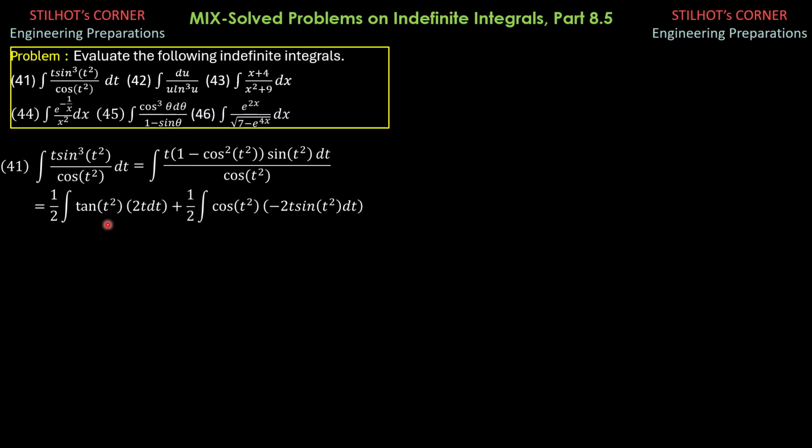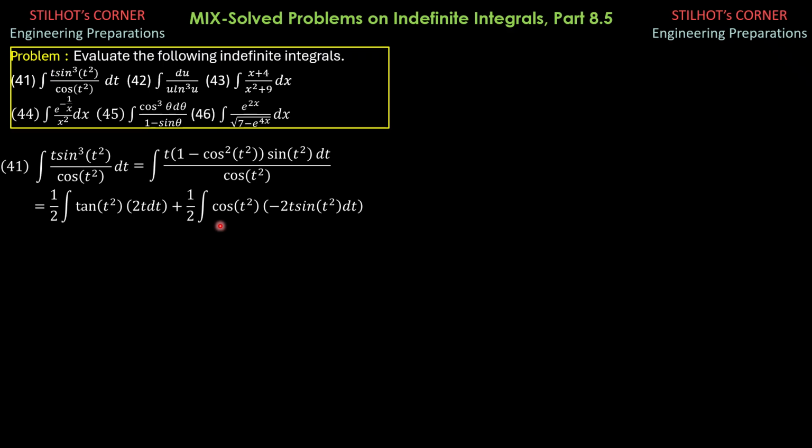This is now in the form integral of tangent u du, where there is a direct basic or elementary tool for that integral. Then for the second one, plus again 1/2 reciprocal of the differential.